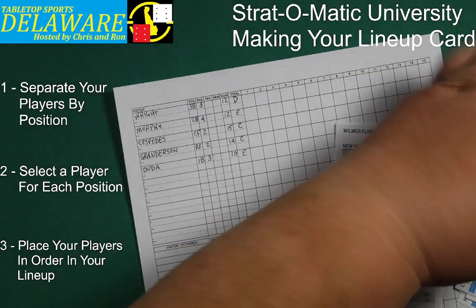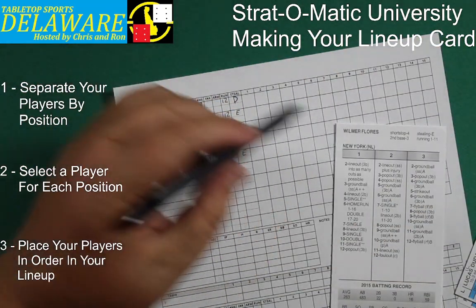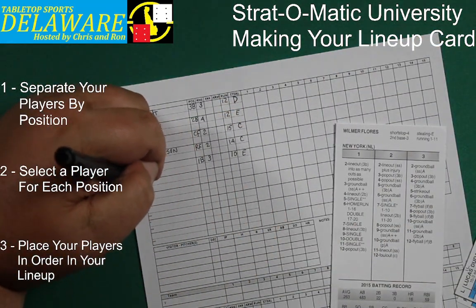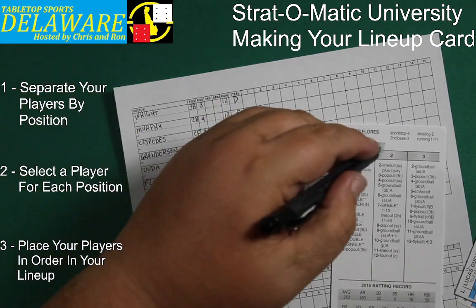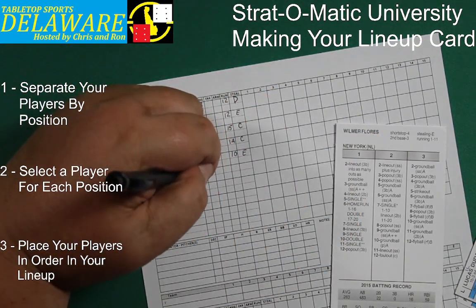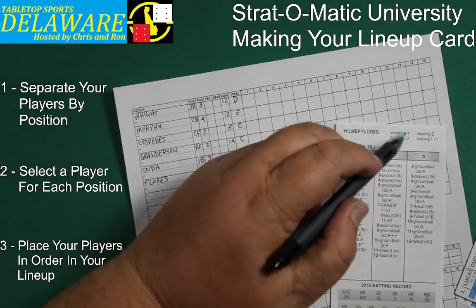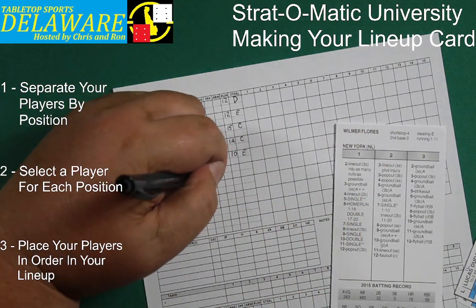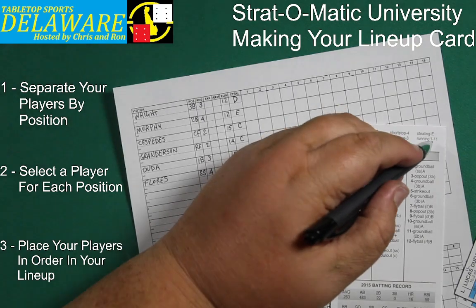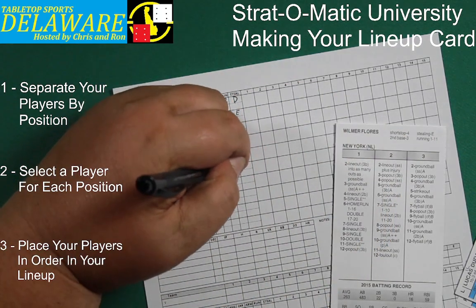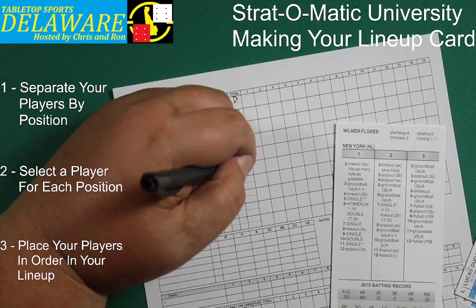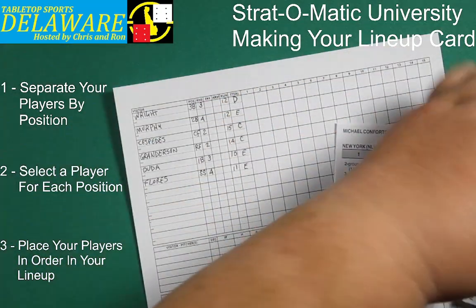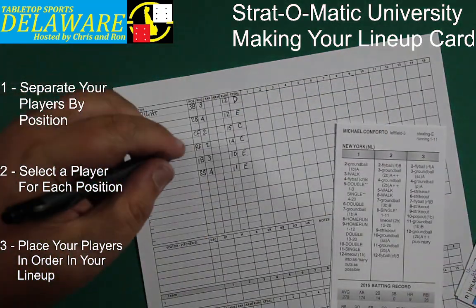Our 6th batter is going to be Wilmer Flores, who is going to be the Mets' shortstop for this game, and defensively he is rated at a 4. His run rating is 1 to 11 safe, and his stealing rating is an E. Our 7th batter is going to be a young Michael Conforto.